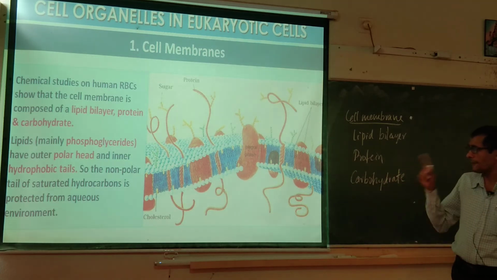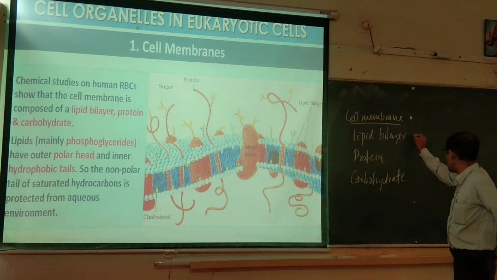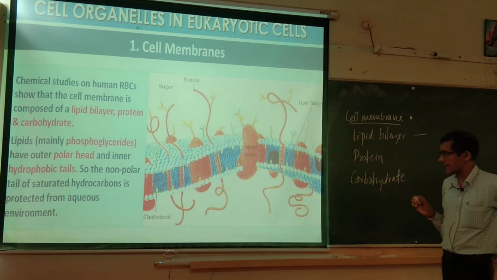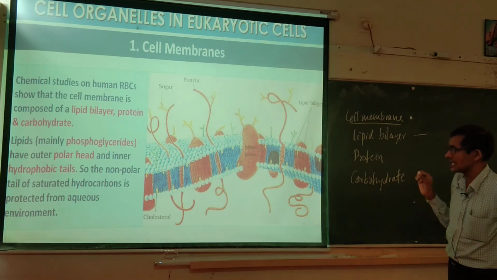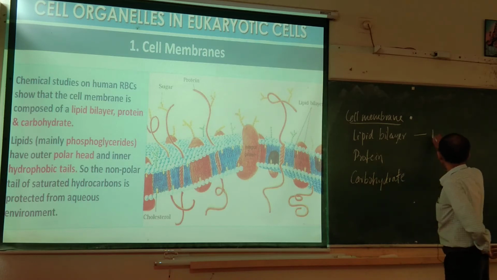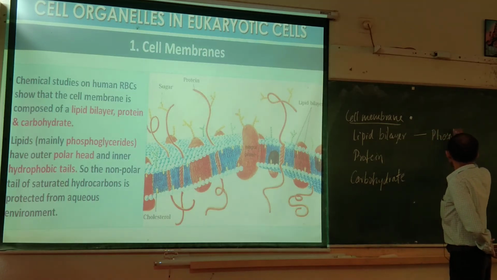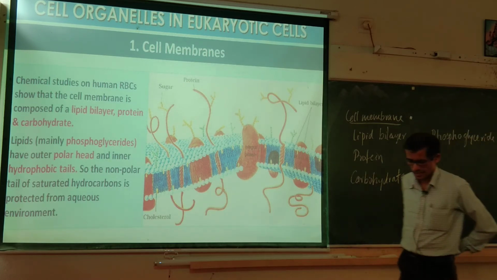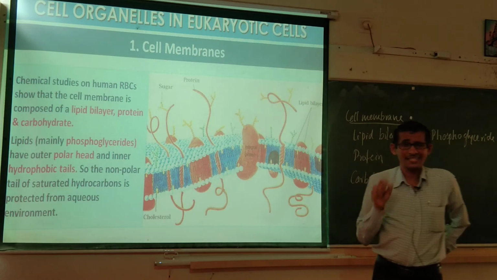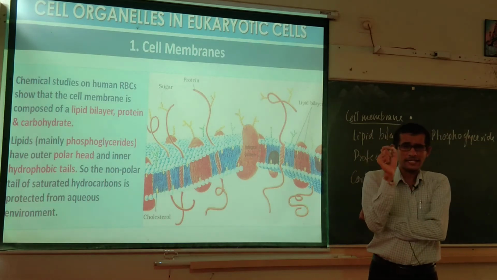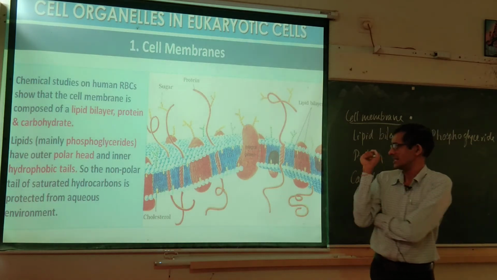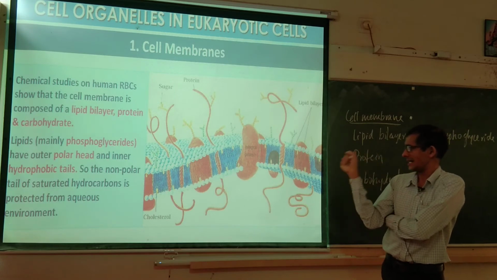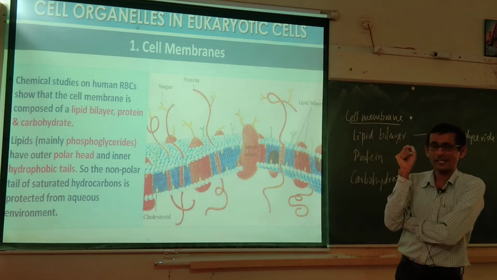Then lipids, if we take, it is having what? It is made up of mainly phosphoglycerides. Chemical content of the lipid bilayer is phosphoglyceride, which has an outer polar head and inner hydrophobic tail.